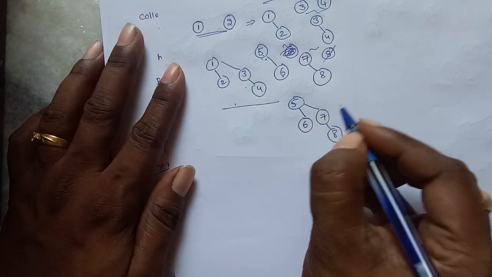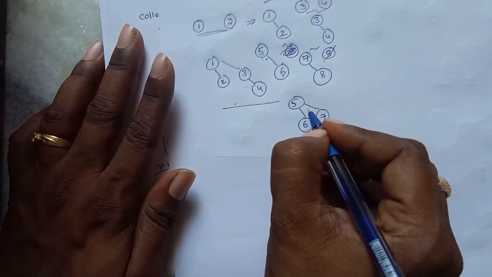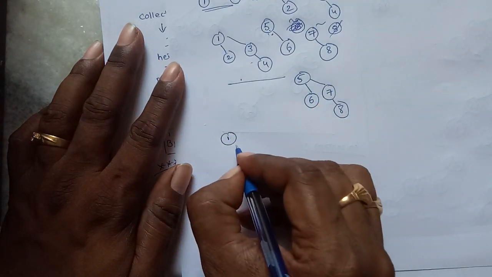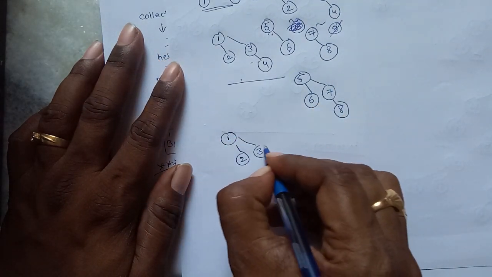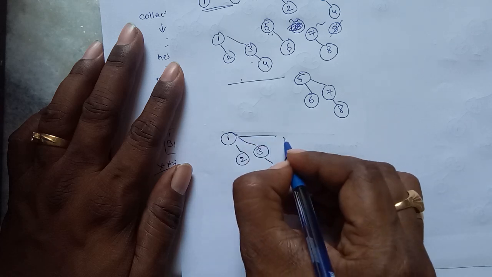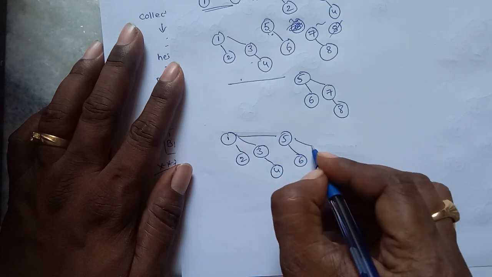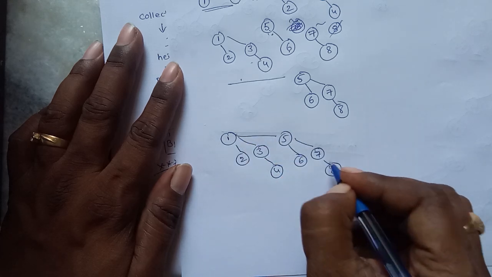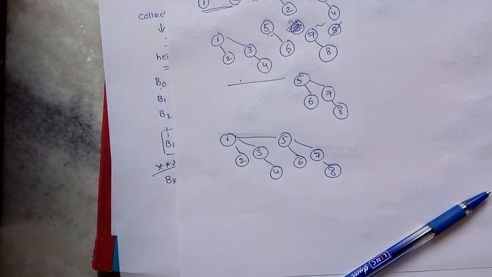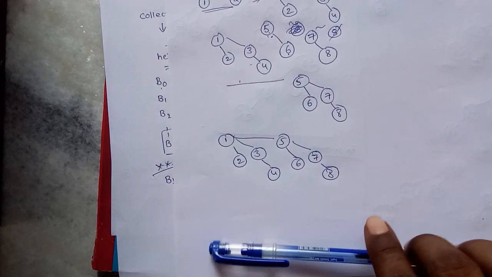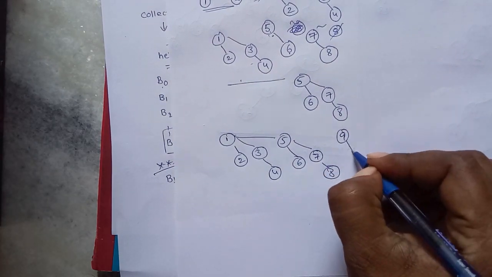One B2, another B2. If 2 B2s occur, merge into B3. 1, 2, 3, 4, 5, 6, 7, 8. Next insert 9 and insert 10.